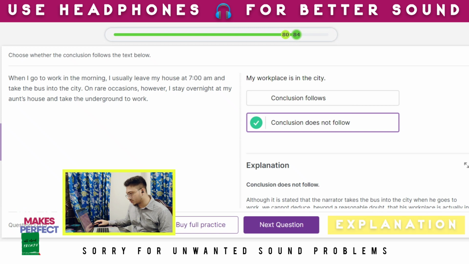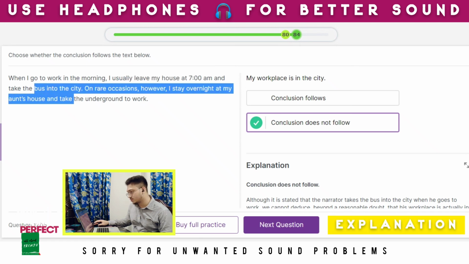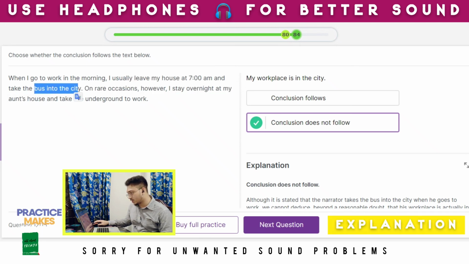The next question: when I go to work in the morning, I usually leave my house at 7 and take the bus into the city. On occasion, however, I stay overnight at my aunt's house. The question is whether the workplace is in the city. It says that I leave my house at 7 and take the bus into the city, but it didn't say anything about my workplace being in the city.